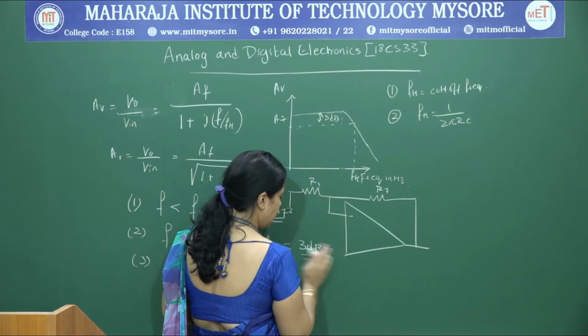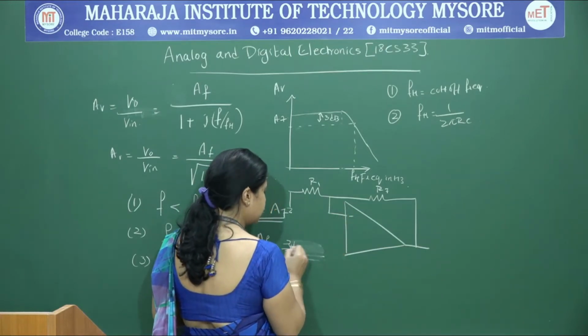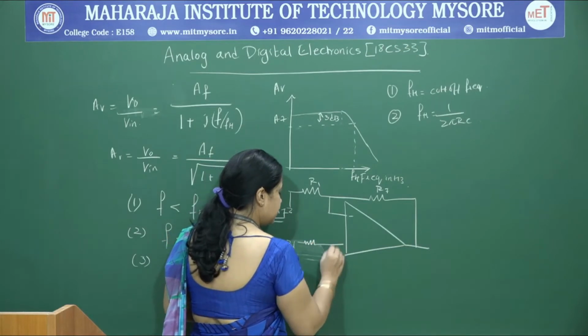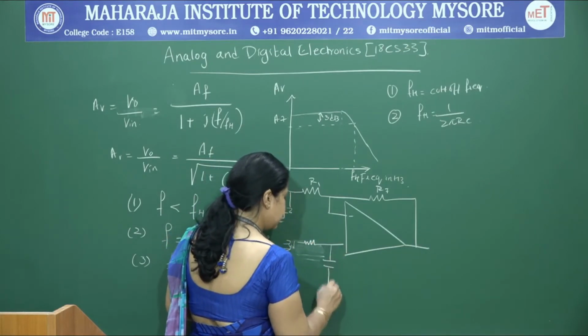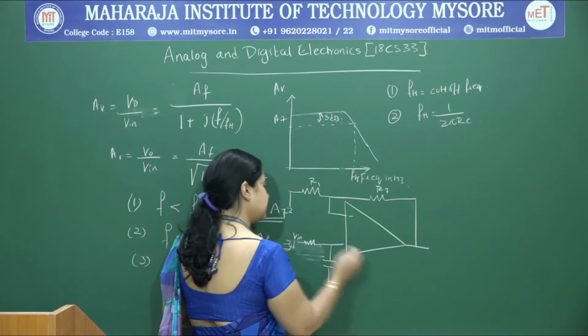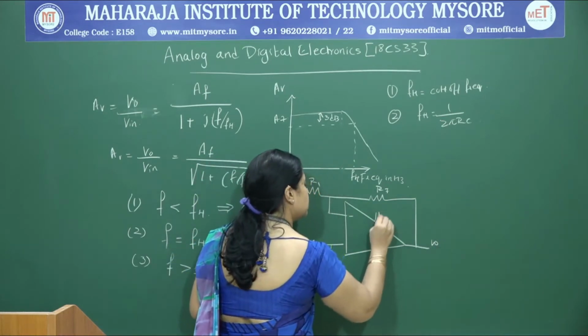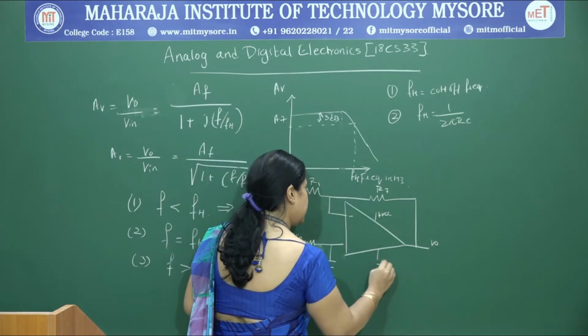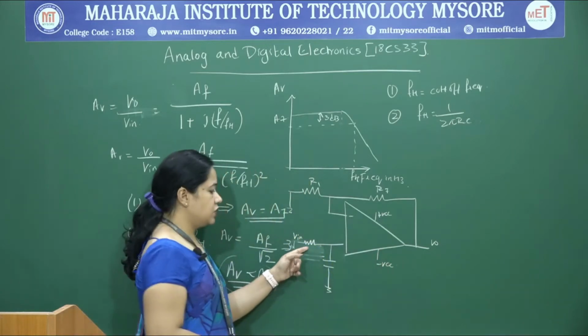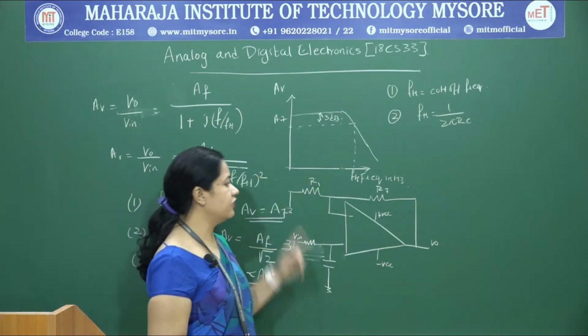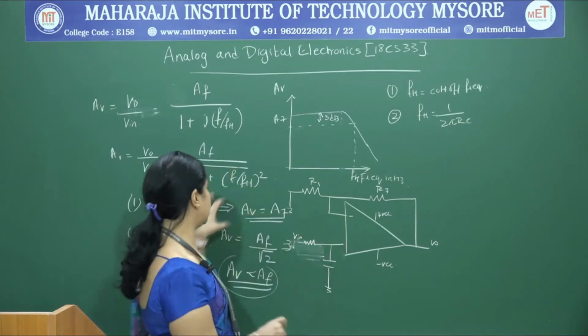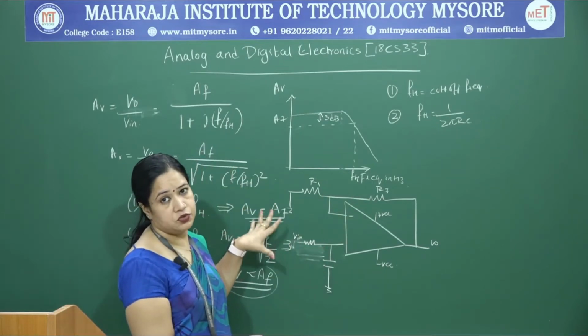To the non-inverting terminal we have a resistance in series and a capacitance in parallel. It is run with two power supplies, plus VCC and minus VCC. My intention is to determine RC for the given cutoff frequency, and R1, RF to get the desired voltage gain.